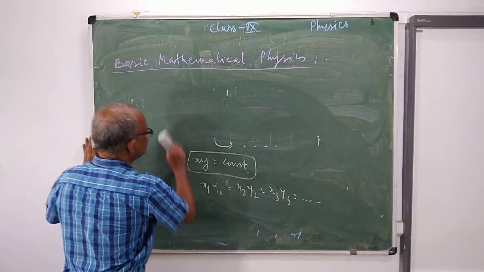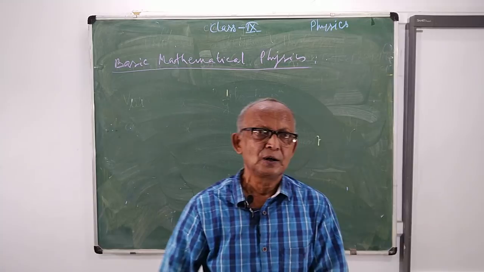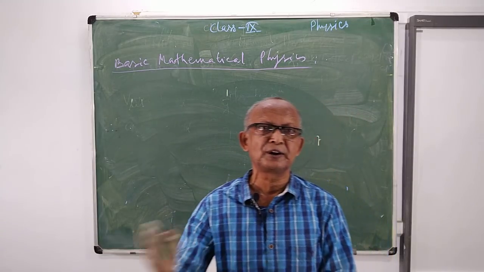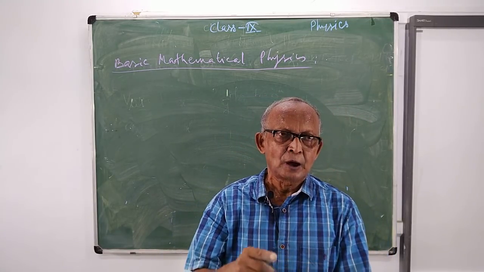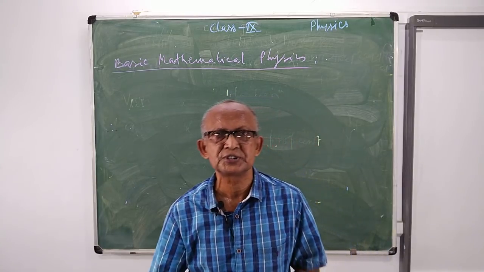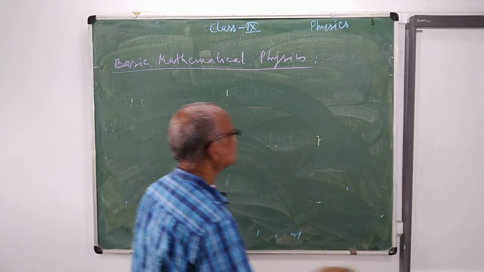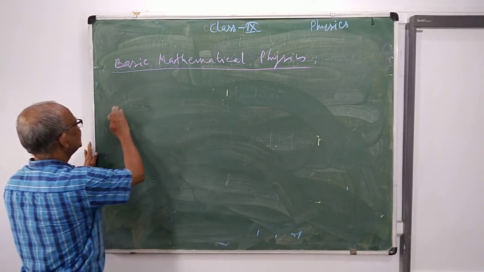Now, sometimes we see that not only does one variable depend on another. Sometimes we have so many examples where more than two variables are found. Okay, let us check this.